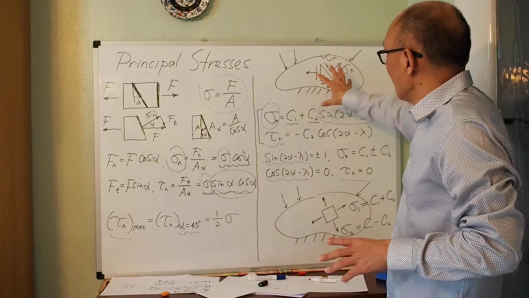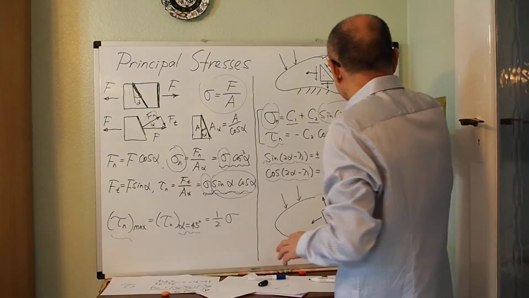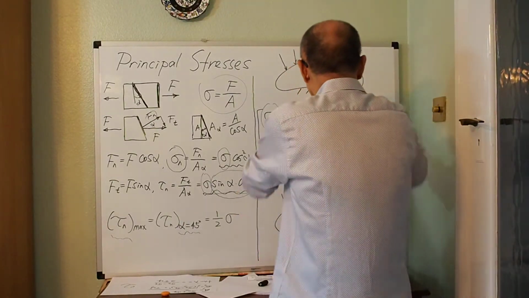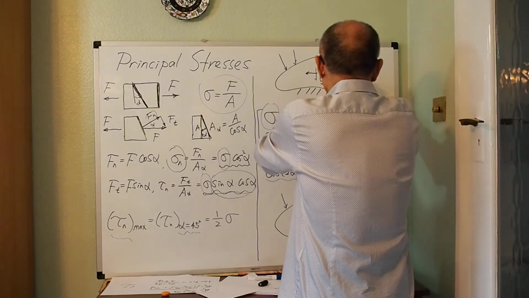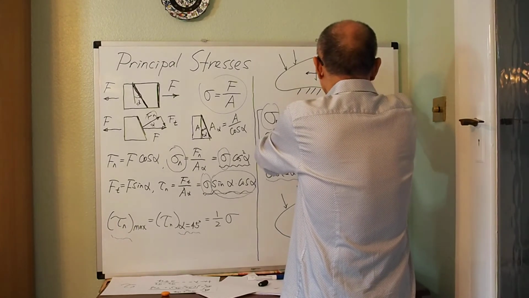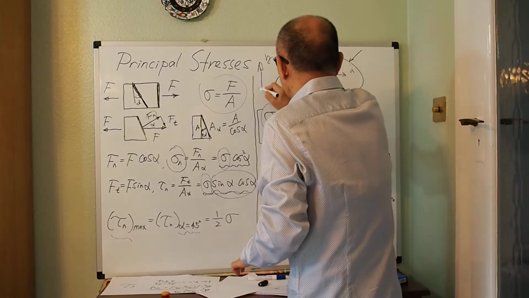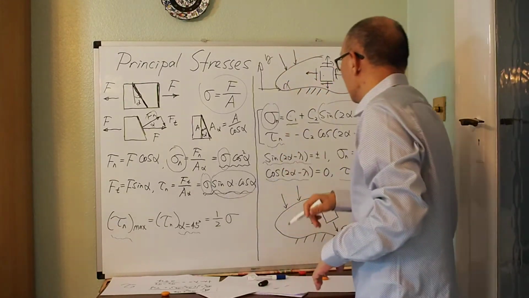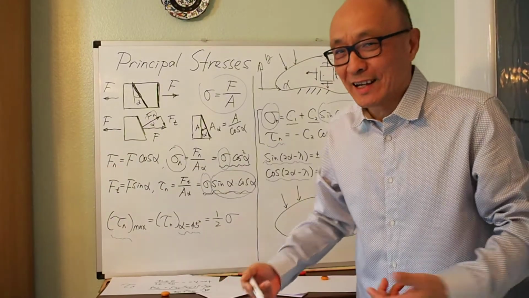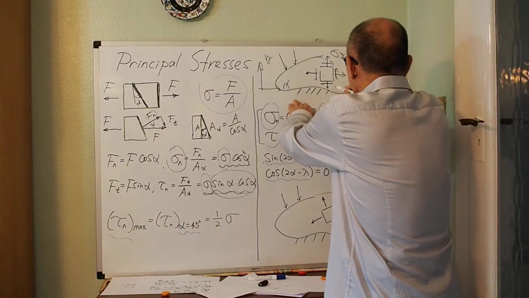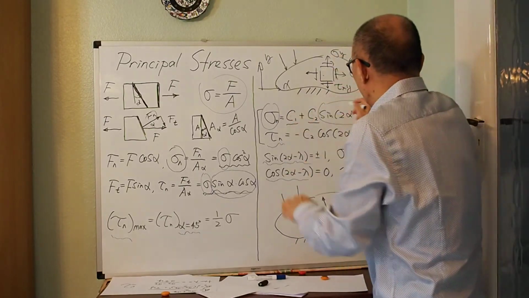So you do your stress analysis, and then you find out your stresses in the coordinate systems. This is my y coordinate, this is my x coordinate, and you use your finite element analysis. You get the stresses sigma x, sigma y, tau xy. You know them.